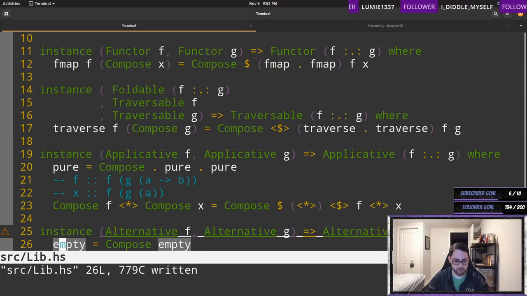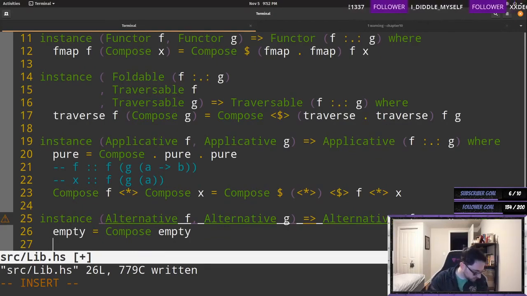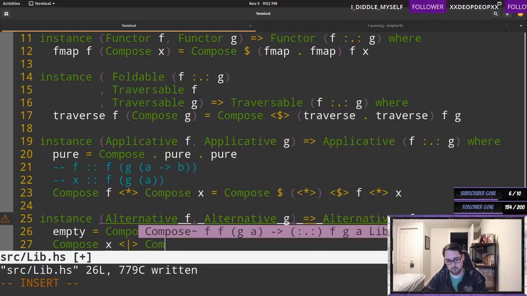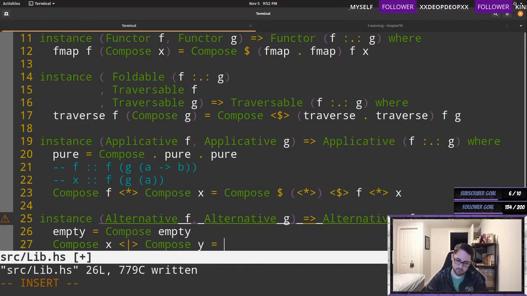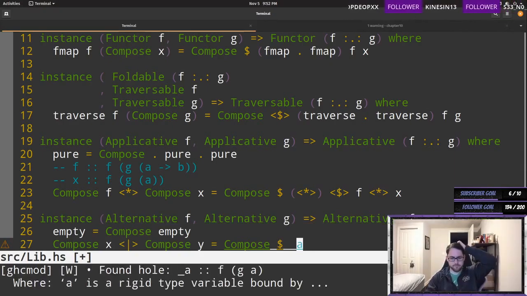Yeah, now we have. So. Not really sure what's going on here.